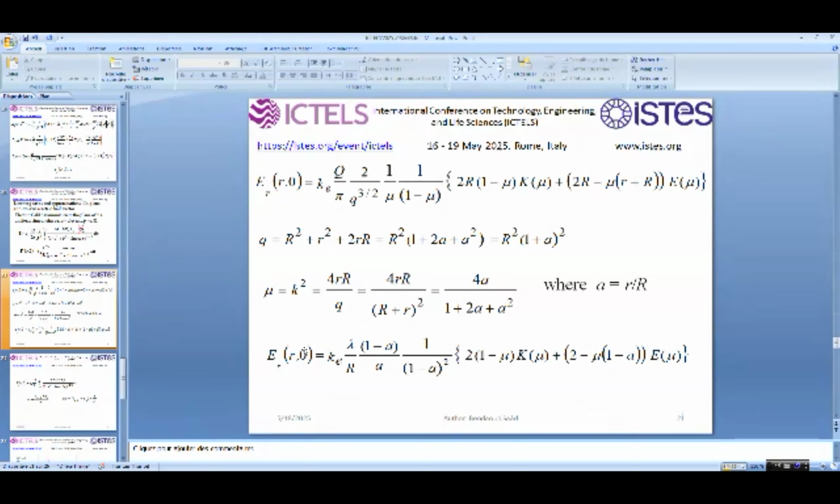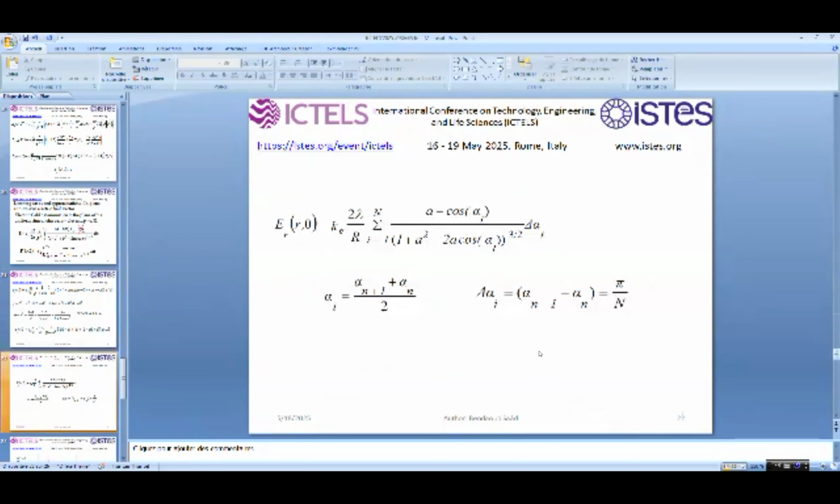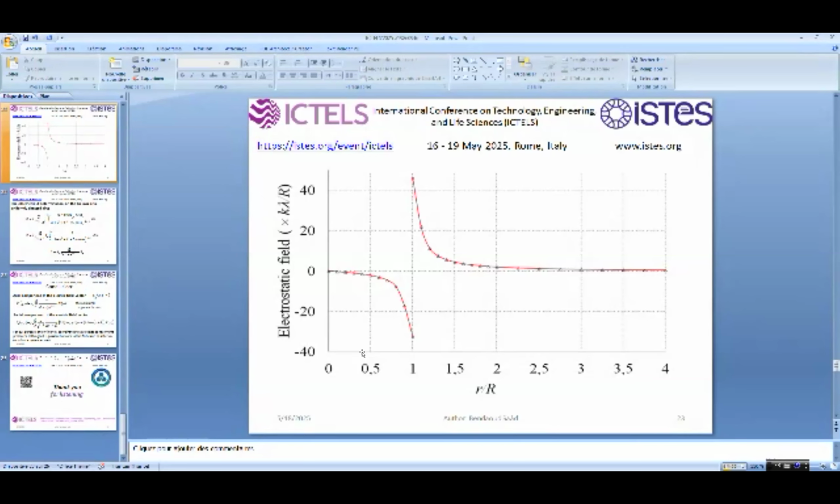when z equals 0, we are in the plane, we have this expression, and we make some program, for example in Mathematica, like this, and we have the plot of the electric field in the plane of the ring.